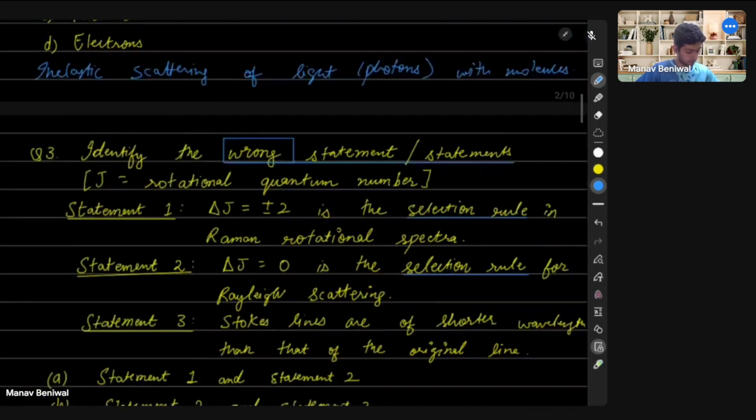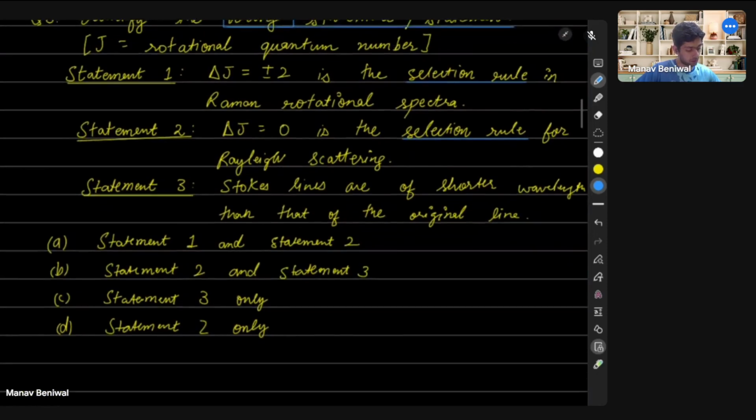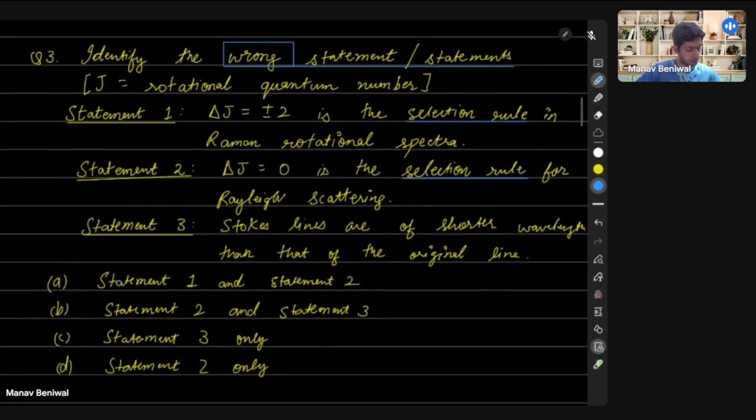Let's go back and check. So delta J plus minus 2 for Raman and delta J 0 for Rayleigh. So statement 1 is correct, statement 2 is correct. Therefore, by process of elimination, we can say that statement 3 is incorrect. So this is the only correct option. Now let's see why statement 3 is incorrect.